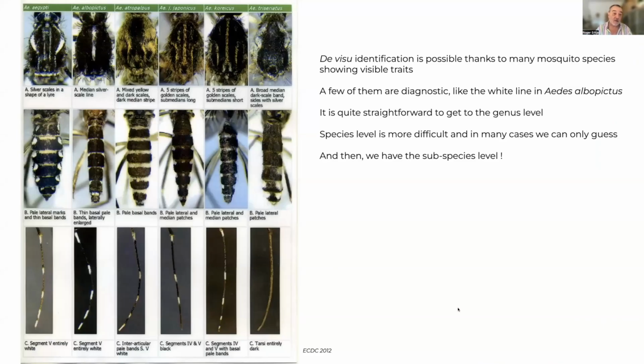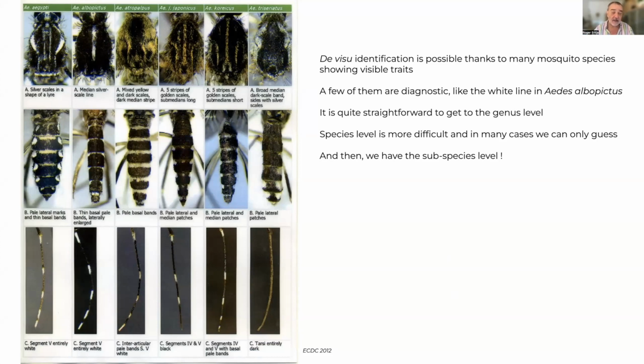There are a number of fact sheets of this kind. This is one from ECDC. This one is restricted to invasive species in Europe, to the 6 species we have: Aedes aegypti, Aedes albopictus, which is the tiger mosquito, Aedes atropalpus, which is not very relevant because it has not spread much, but we also have Aedes japonicus and koreicus, which we will be talking about later, and Aedes triseriatus.